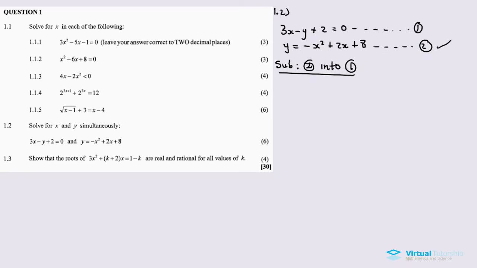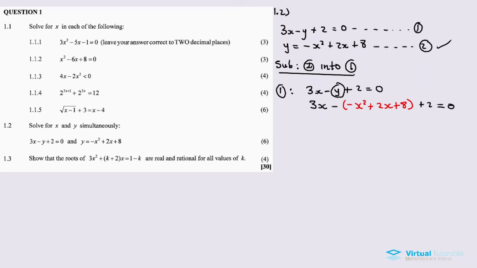So in equation 1, you substitute y: where there's y, I put minus x squared plus 2x plus 8.